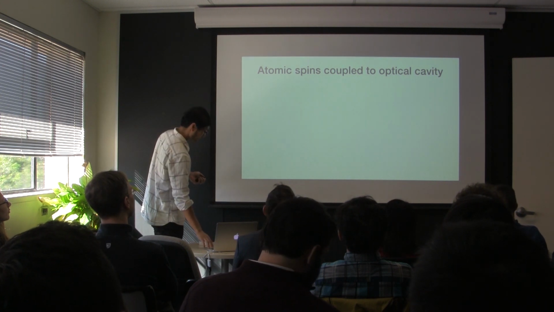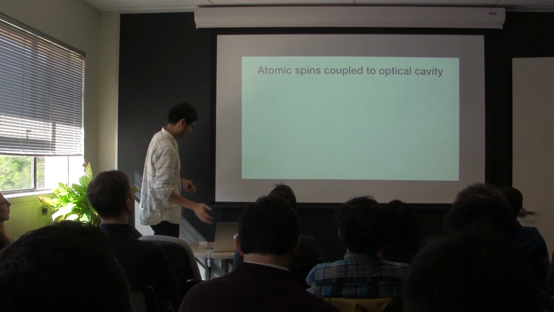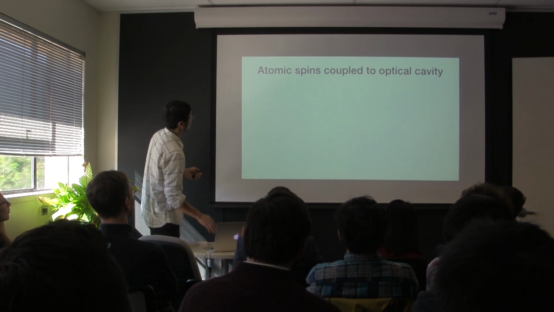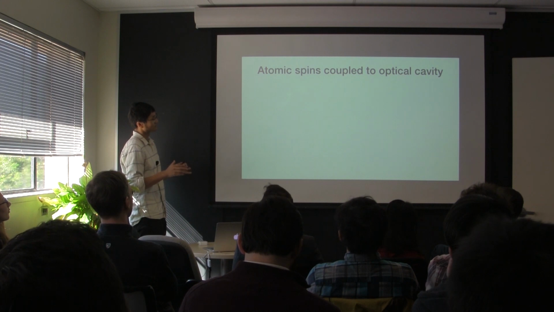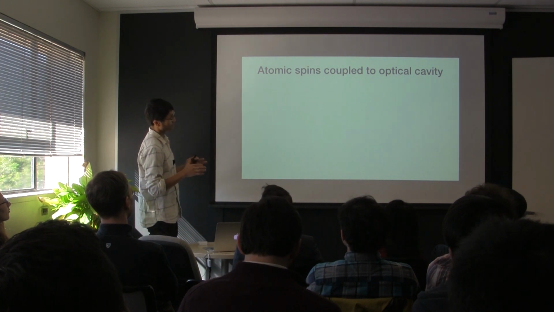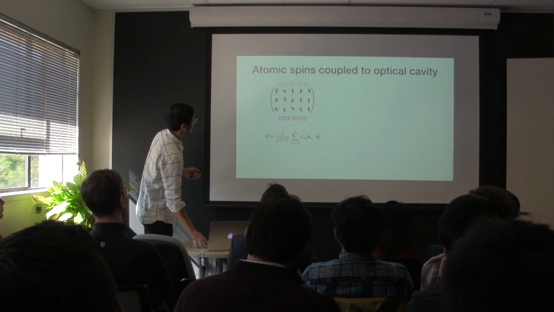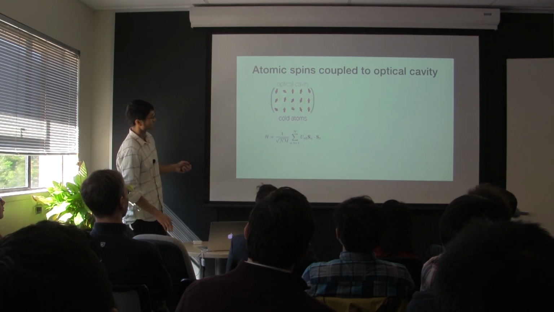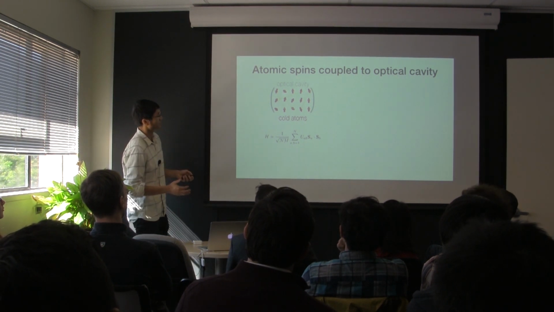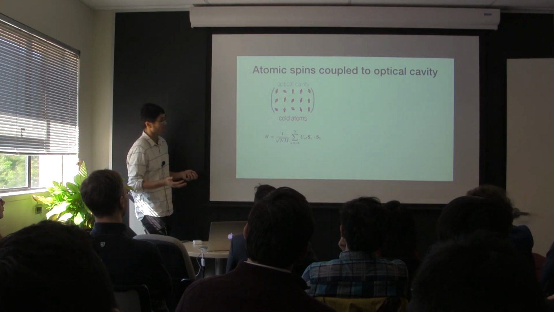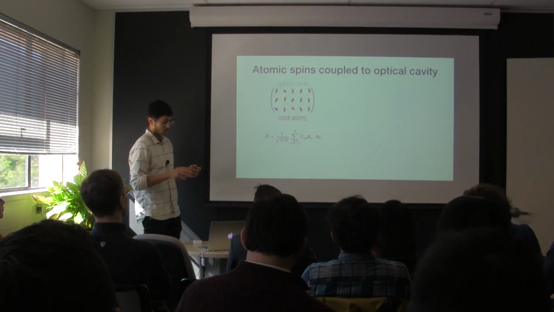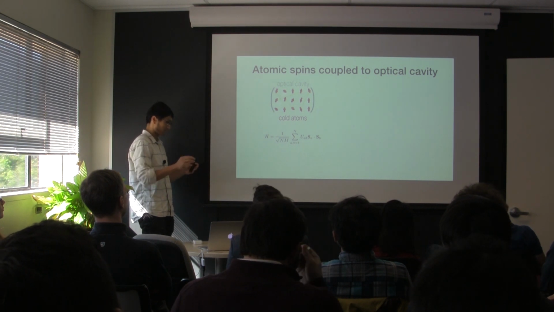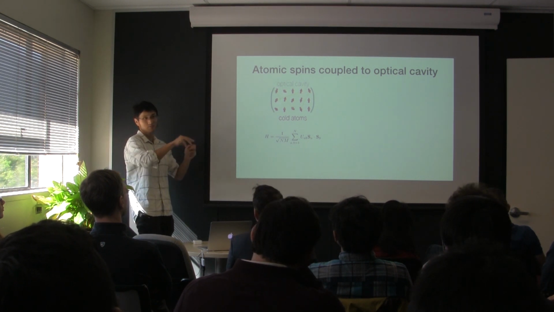One way to do it, figured out by our AMO colleagues, is that we can put atomic spins in an optical cavity, and let the optical mode, the photon mode, mediate interaction between atomic spins. Since these optical modes are delocalized in the whole cavity, the interaction does not care about the distance between the spins.